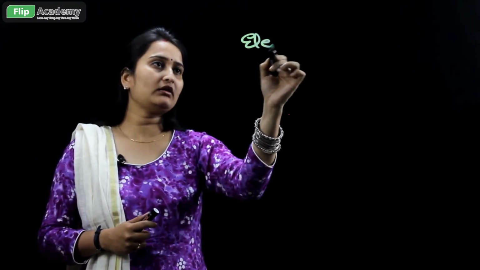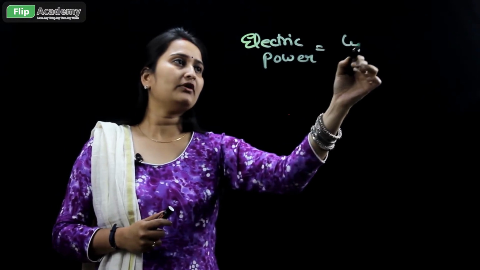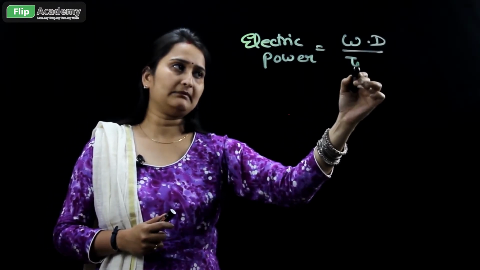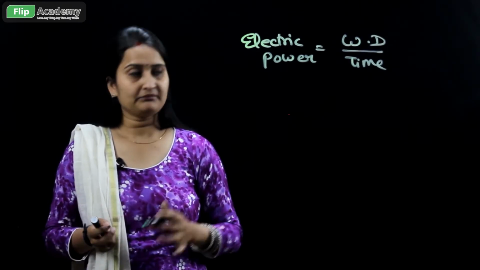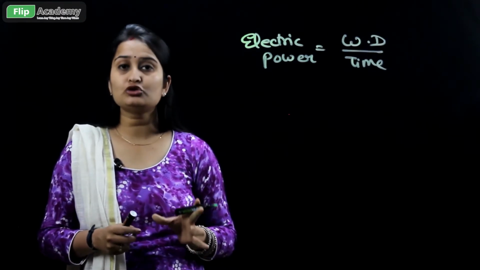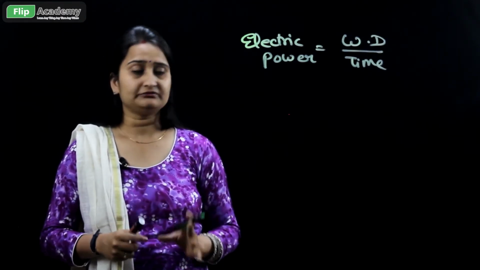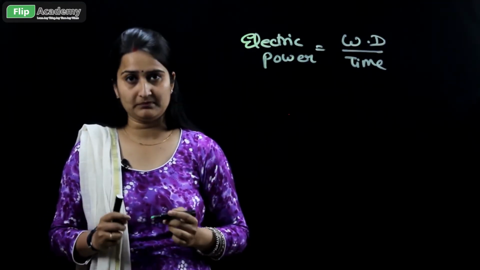That is electrical energy. We have seen that electric power is given by work done upon time. What is this work done? The work done by the current. What is this time? The time taken for the appliance to operate. So, this is the formula which calculates the electric power.